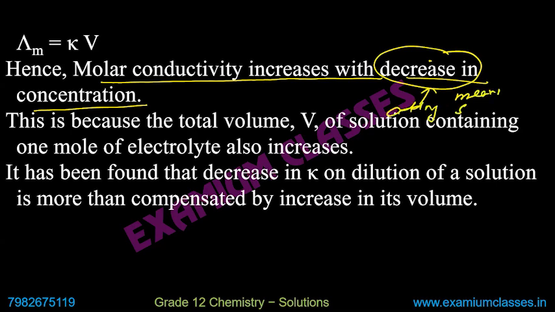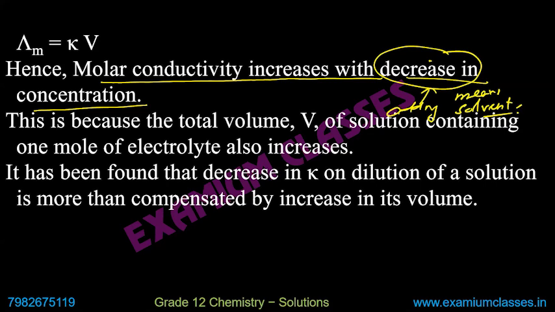Decrease in concentration means adding solvent. When you add water into it, remember it will again remain 1 mole. Electrolyte will remain 1 mole even if you dilute. Even if you add solvent, the electrolyte concentration is changing, but the amount is not changing. If it was 1 mole, it will remain 1 mole. Only concentration will change.